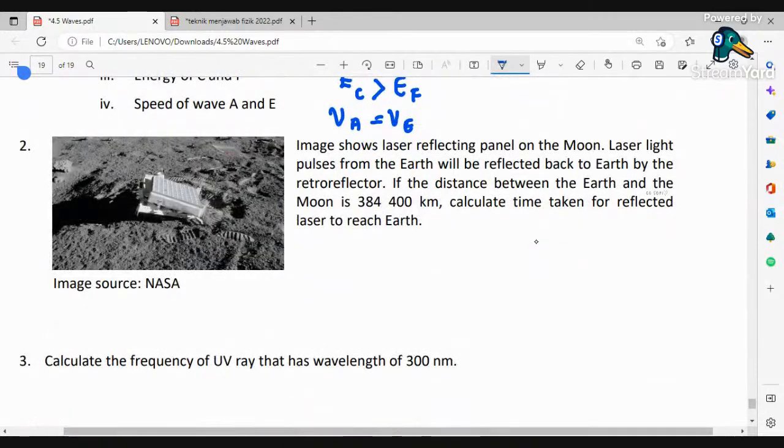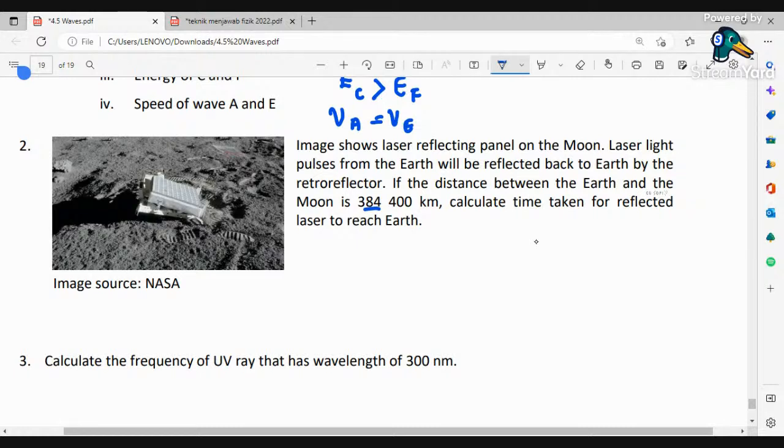Okay, number 2. The image shows a laser reflecting panel on the Moon. Laser light pulses from Earth will be reflected back to Earth by a retroreflector. If the distance between Earth and Moon is given, calculate the time taken for the reflected laser to reach Earth.